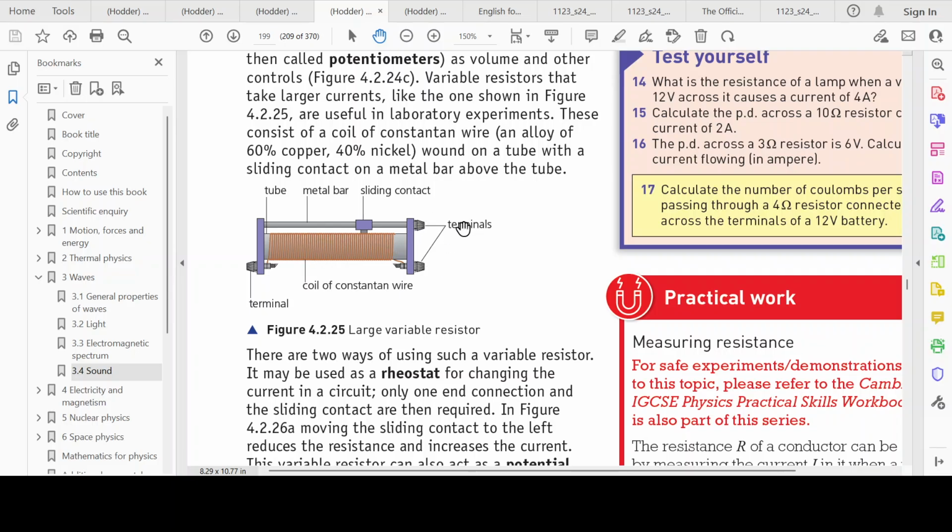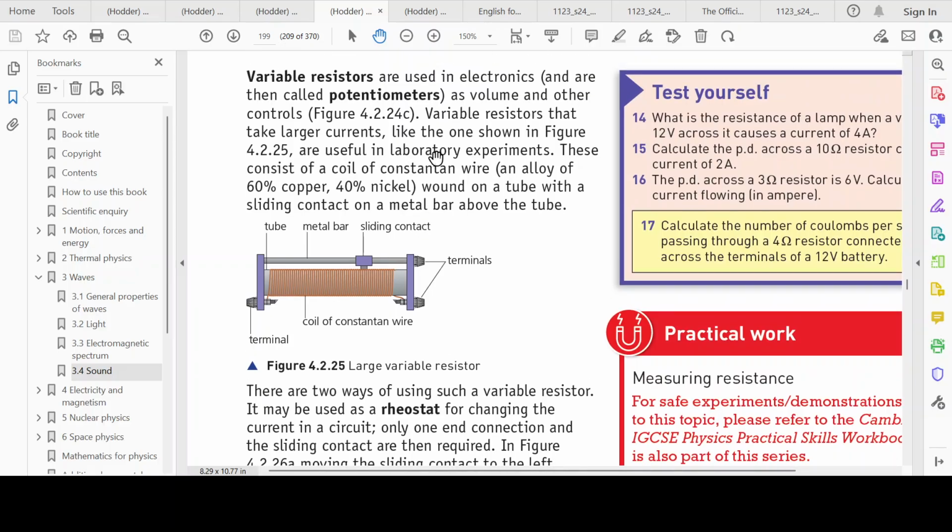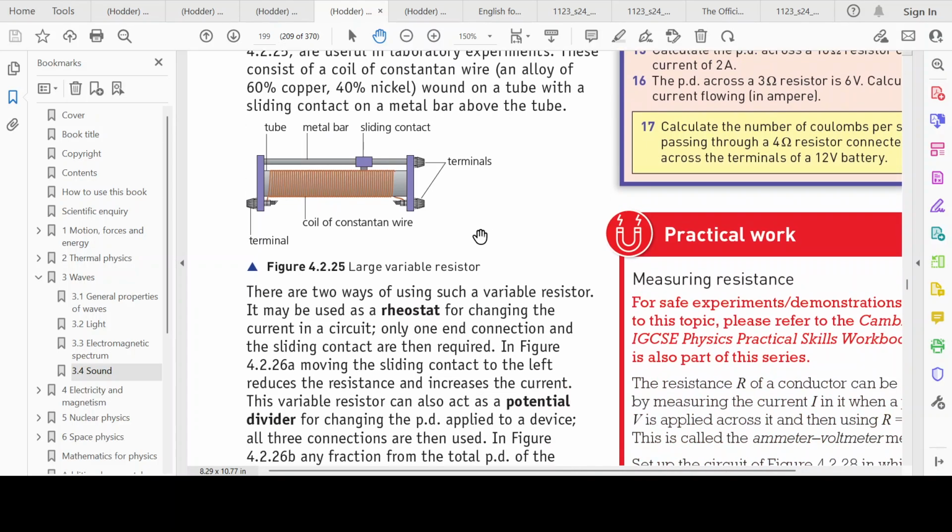They're terminals for the circuit. So it's going through. And this is a sliding contact, right? The shorter the distance, the lesser the resistance. The greater the distance, the more the resistance, right? And so it's used, for example, to control the volume or other things, or the thermostat of a heater, for example, right?